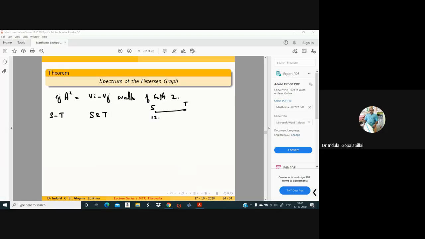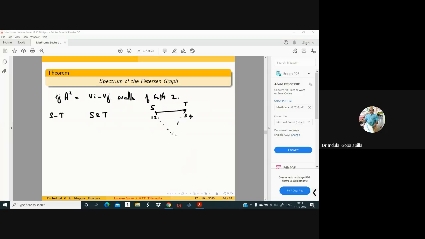So for example, if this is {1,2} and this is {3,4}, then there cannot exist a vertex, say R, which is adjacent to both this S and T, because we have already used 4 symbols, and there are only 5 symbols, and no 2 disjoint symbols remain.